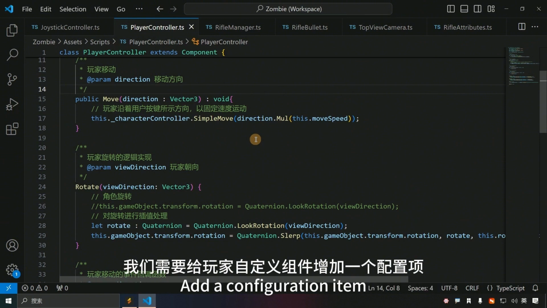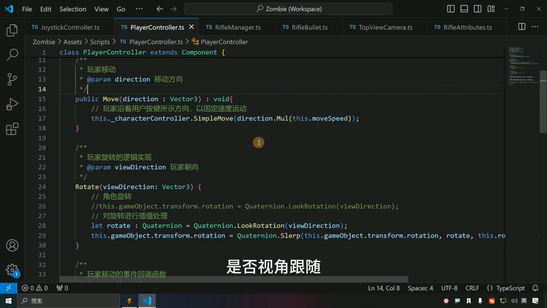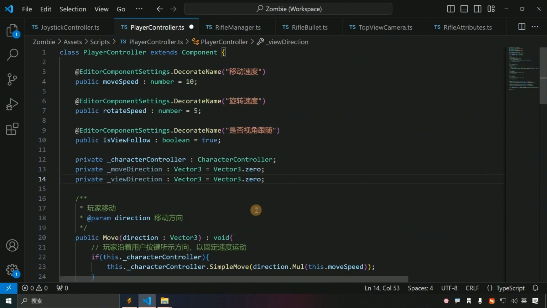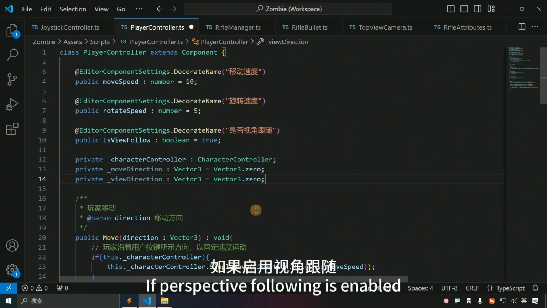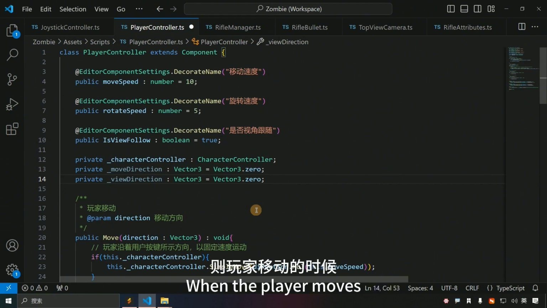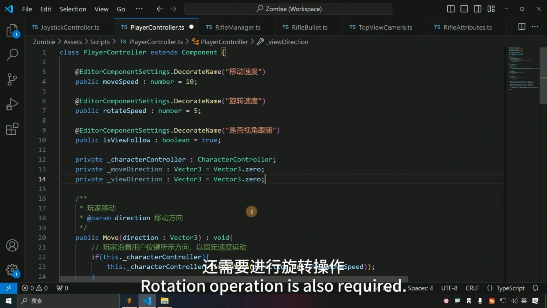Add a configuration item: does the perspective follow? If perspective following is enabled, when the player moves, a rotation operation is also required.